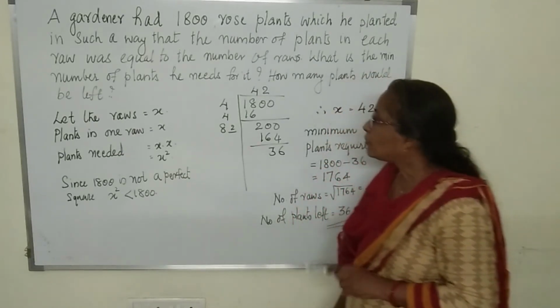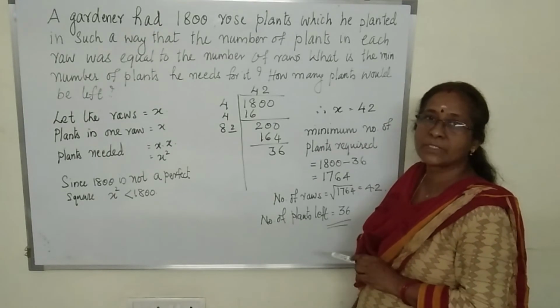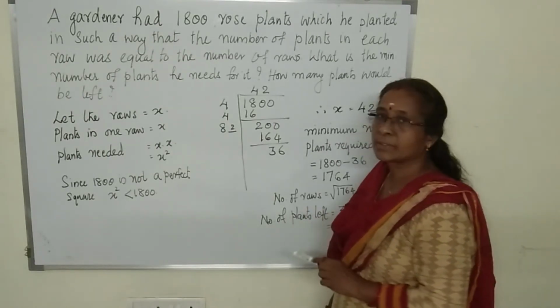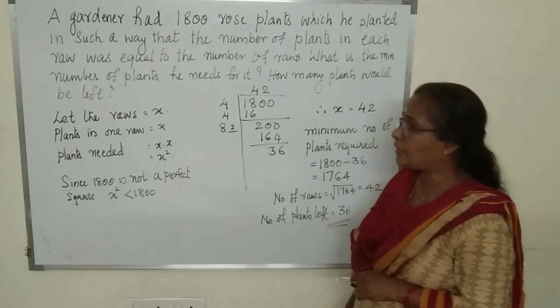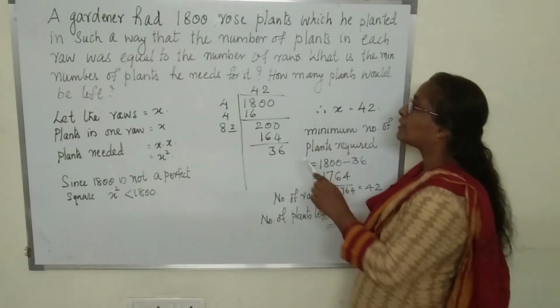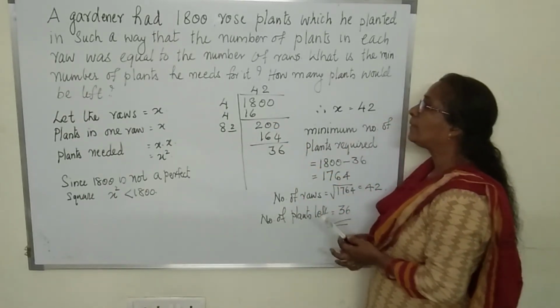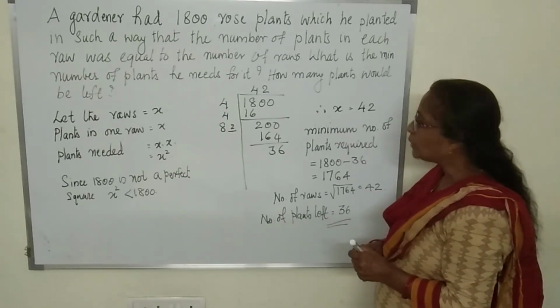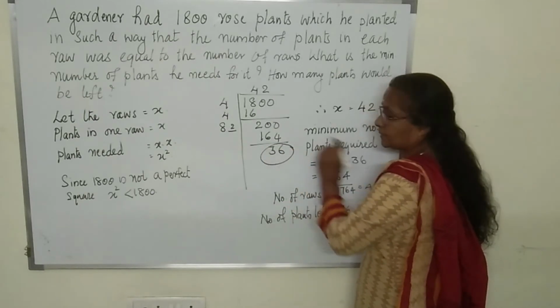So let the number of rows and the number of plants in each row be x. So x square should be something less than 1800. What is that number to find out? Let us first find the square root of 1800. So we will get 42 as the square root and then a remainder of 36.